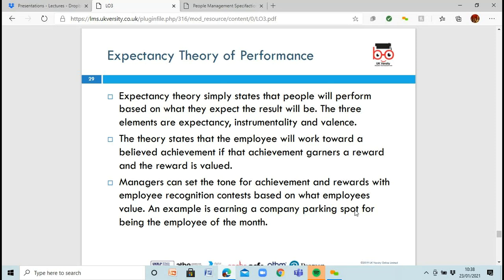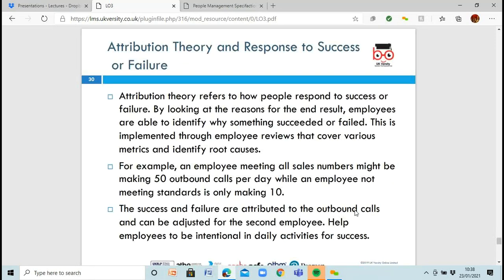So managers can actually set the tone for achievement and rewards within their employees and the recognition, depending on what their employees actually value. So an example of this could be earning a company parking spot or having an employee of the month.